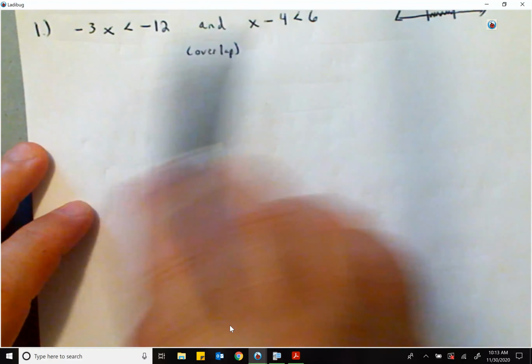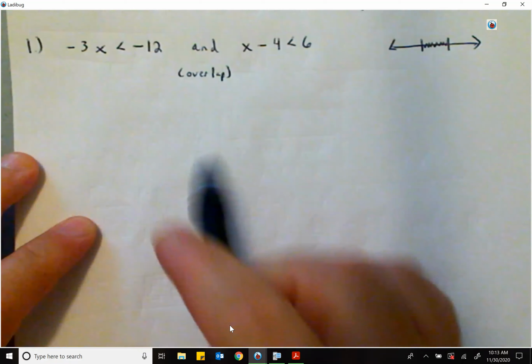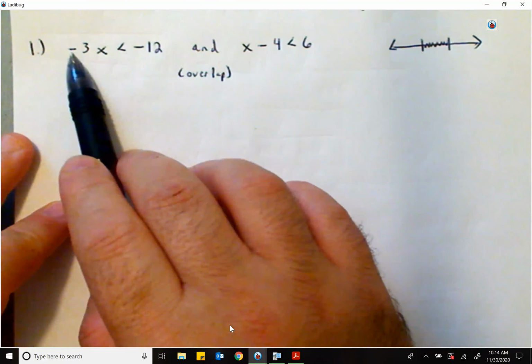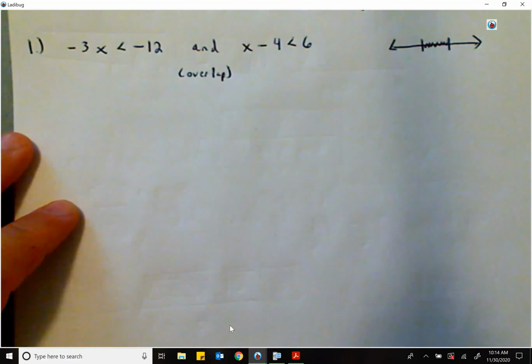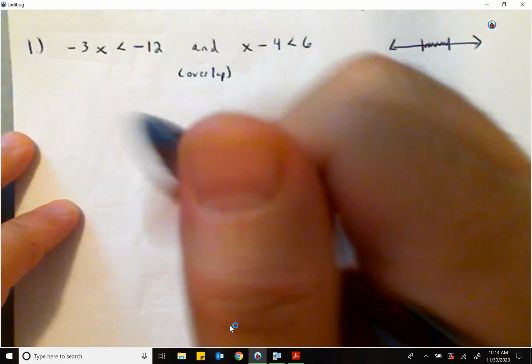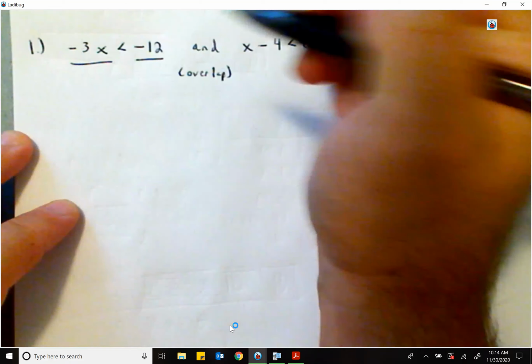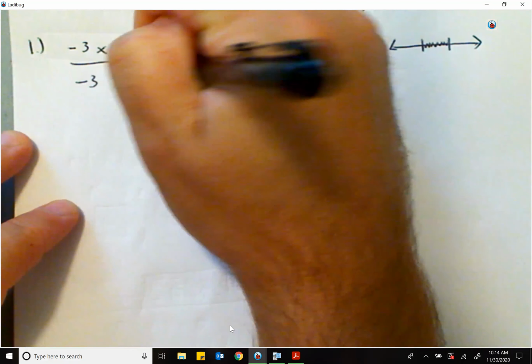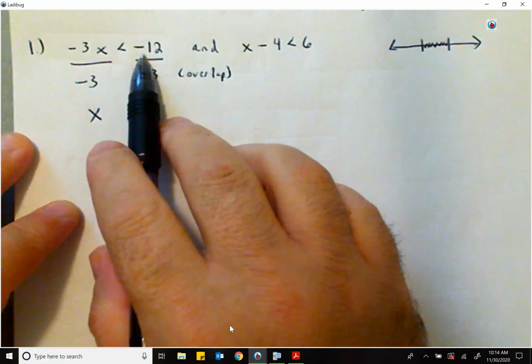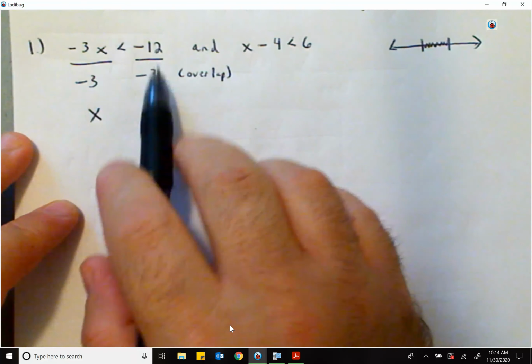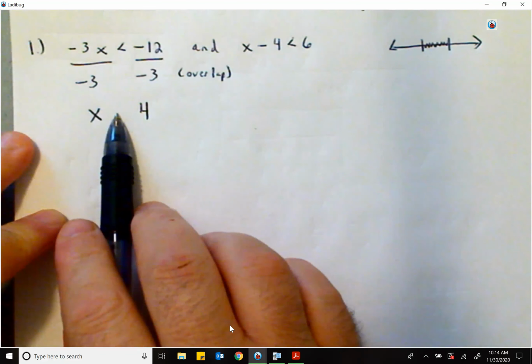Okay, so how do I get x by itself right here with the negative 3x less than negative 12? Divide both sides by -3. Yay. Divide by -3, divide by -3, x, negative 12 divided by -3 is 4. Does the less than stay, or does it flip and become a greater than?